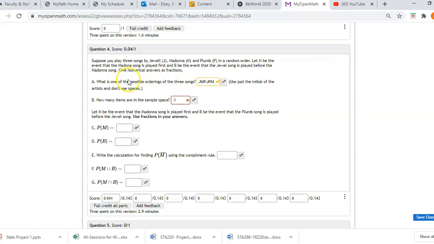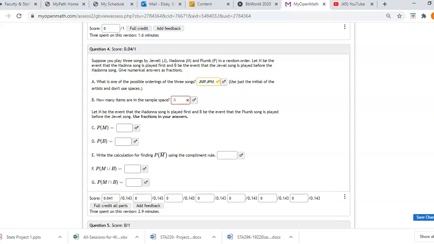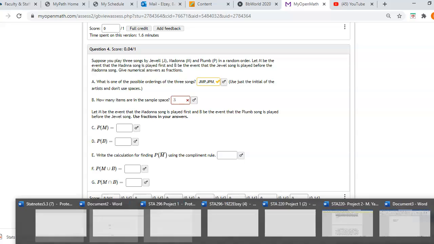Okay, so what is one of the possible orderings of the 3 songs? You got that. Now, part B, how many items are in the sample space? Let's realize that these orderings are what consist of the sample space. So we could have what you had listed here, JMP or JPM. Let's go ahead and put those on my little sheet.